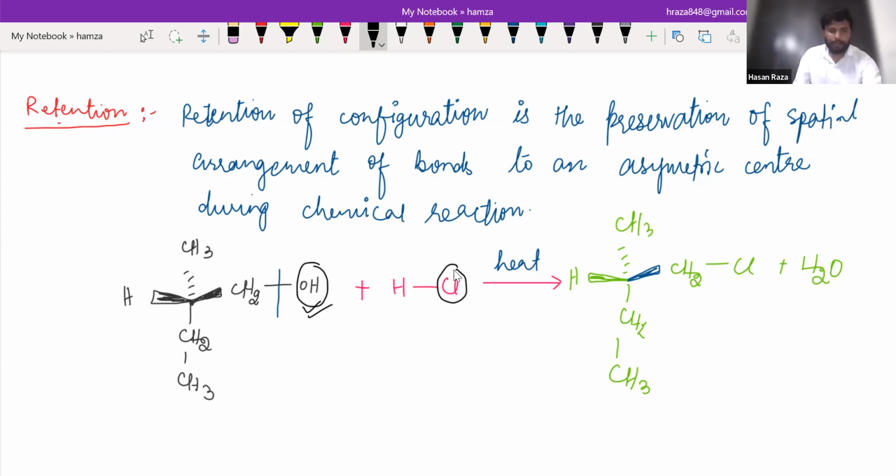Sir, what is the word after preservation of? Spatial. Wait a minute. Okay.